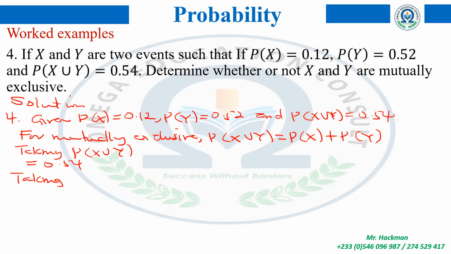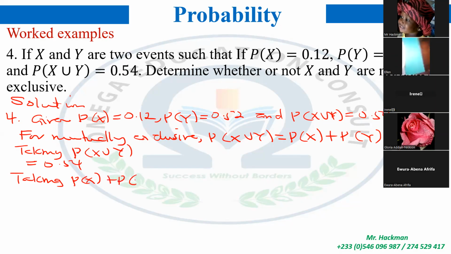Otherwise, the negative conclusion. So the second one is taking the other side, which is P of X plus P of Y. And we should know P of X, so this will be equal to P of X, we are told is what? 0.12 plus P of Y, and that we are told is what? 0.52.